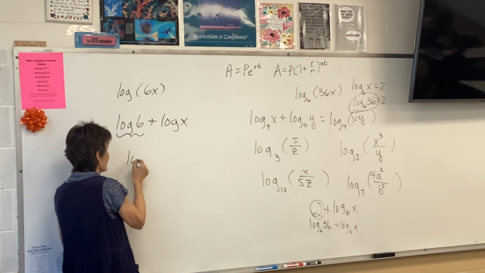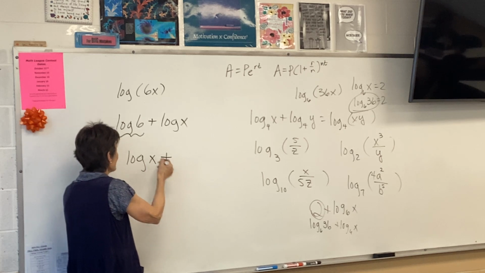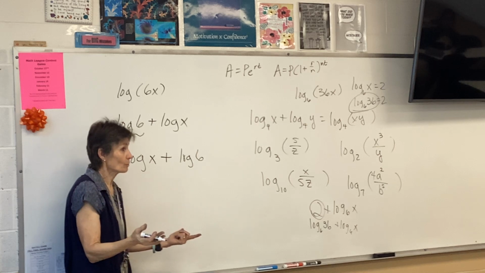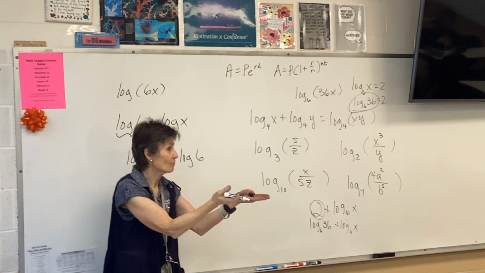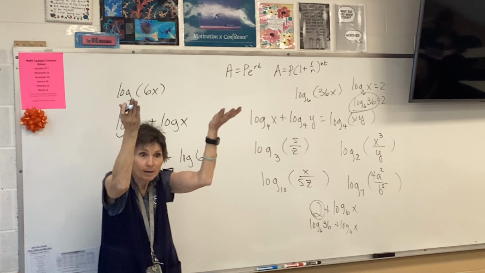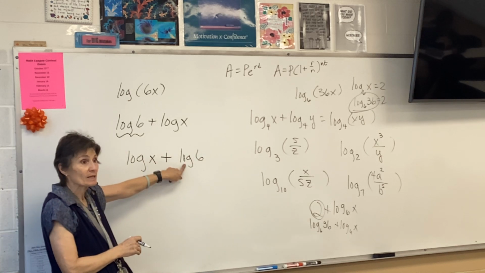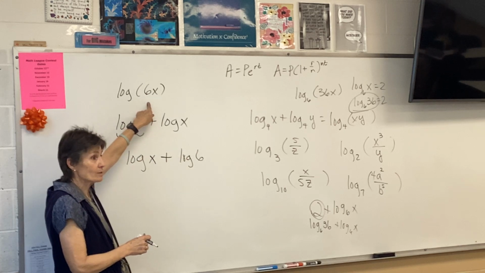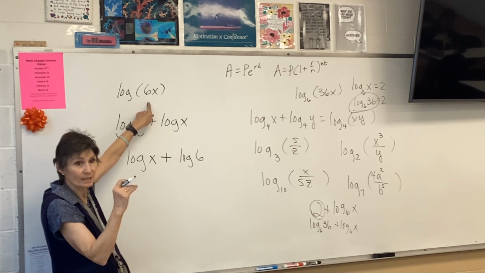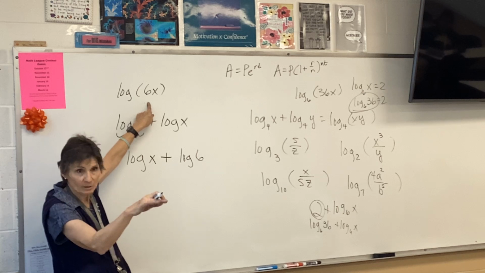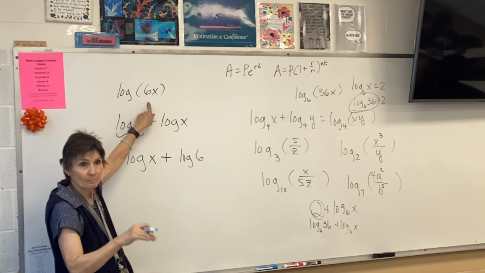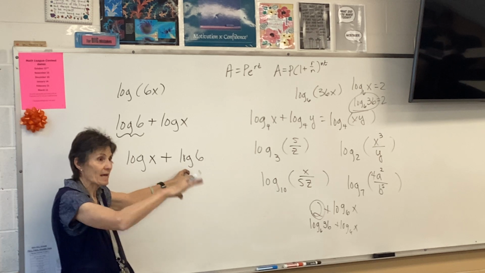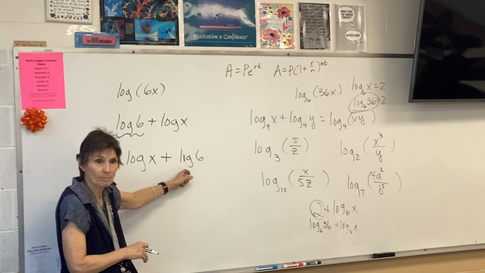You're taking the log of x and adding that number to it. Isn't that what a vertical translation is? You take your original function and lift it up, and in this case we would be lifting it up by that much. So what started out as a horizontal dilation, a multiplier on x, becomes a vertical translation, something added or subtracted to the problem.